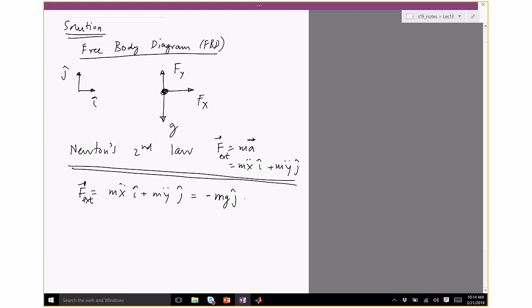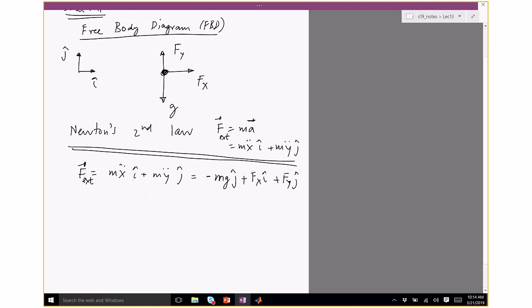And then there is drag force, which is Fx i plus Fy j. Okay, so again, we have i and j on the left side, i and j on the right side. So what we do is we compare i and j components.